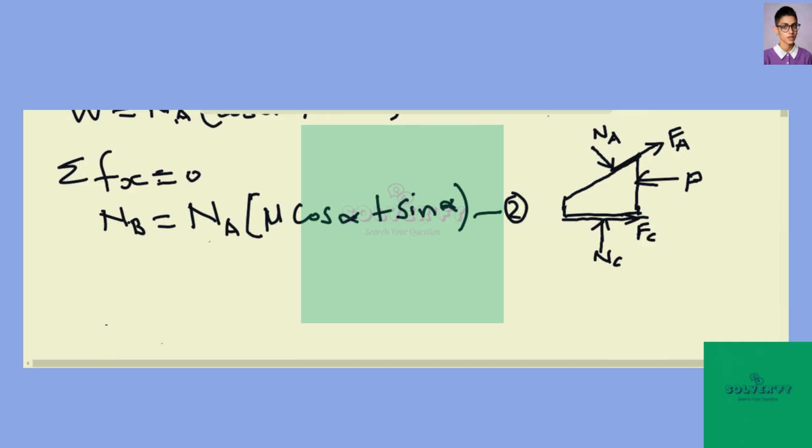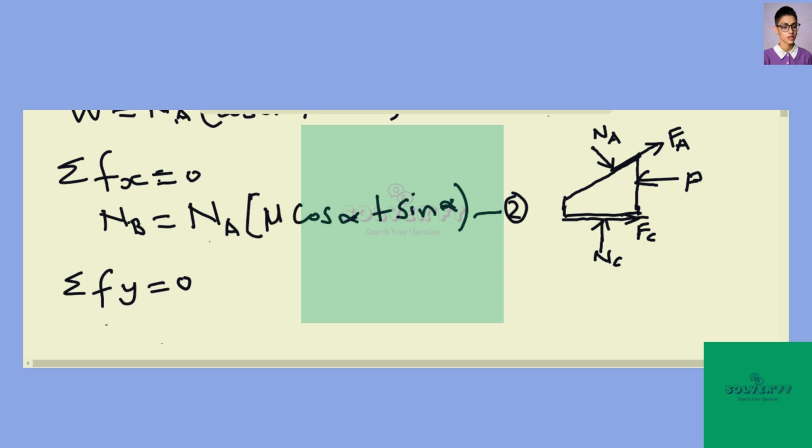Now we can also consider the bottom diagram. We'll consider the bottom diagram and take a summation of forces in the vertical direction.